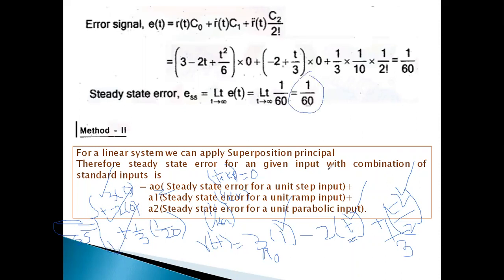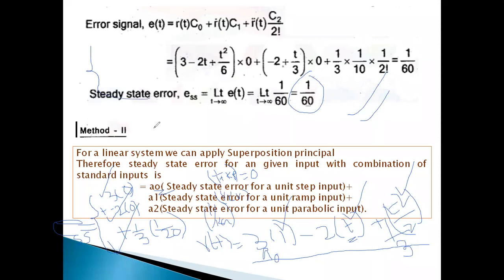Okay, because this is a combination of standard inputs. Otherwise we have to follow the same procedure. For any practical input, we have to follow this method only.